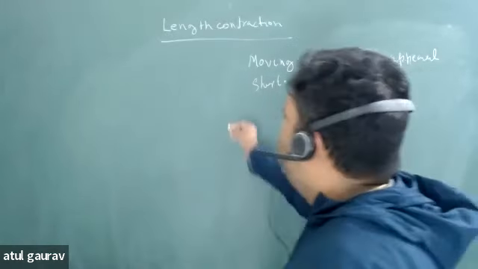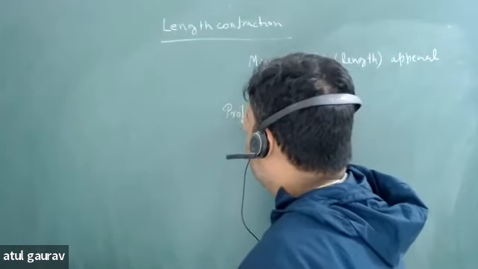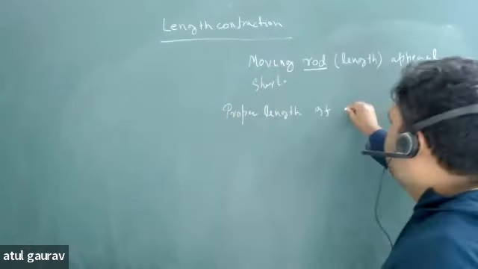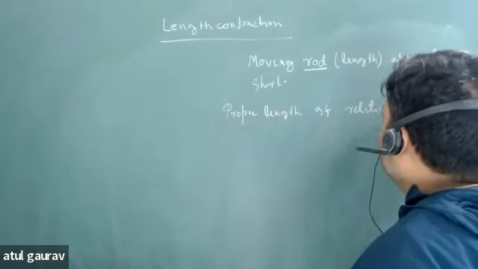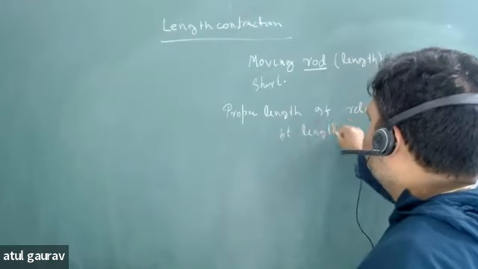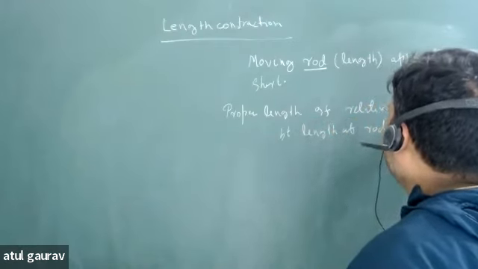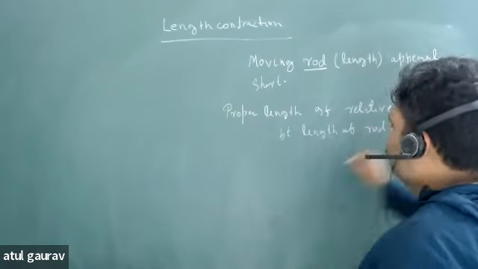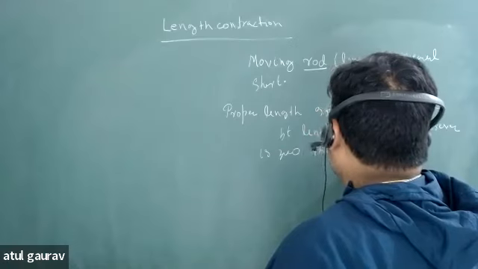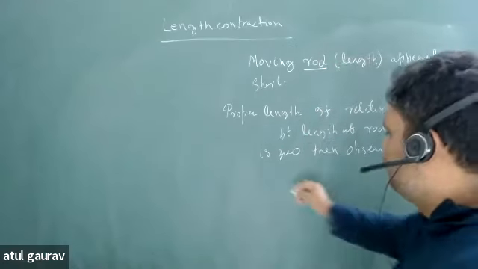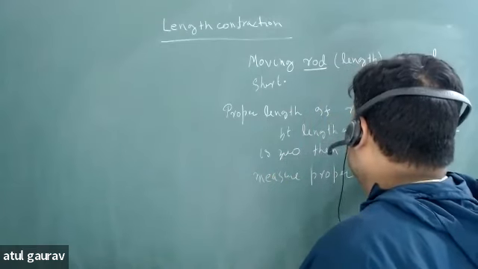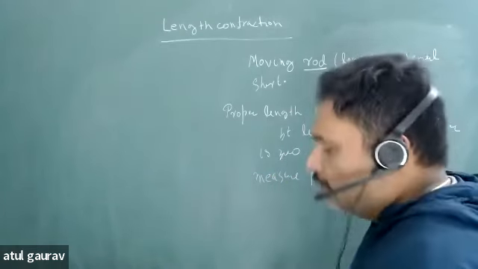So first we have to define proper length. If the relative speed between the length of the rod and the observer is 0, then the observer will measure the proper length.